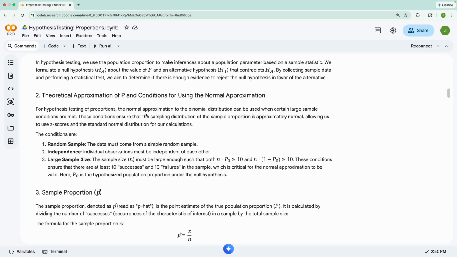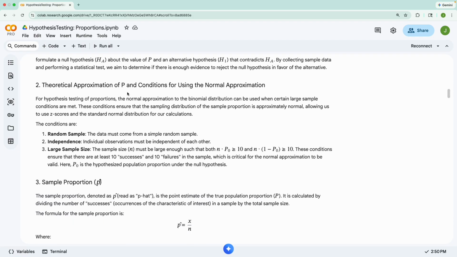So for us, our theoretical approximation of our population proportion comes from the normal approximation, and implicitly, it's the central limit theorem. So we need to assume that we have a random sample, that the observations are independent.